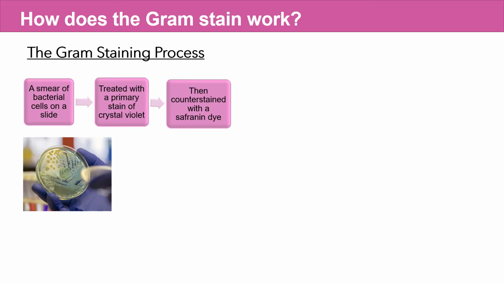So how does the gram staining process work? Well, first a smear of bacterial cells is placed on a slide. Then it's treated with a primary stain of crystal violet, and then counterstained with a safranin dye.